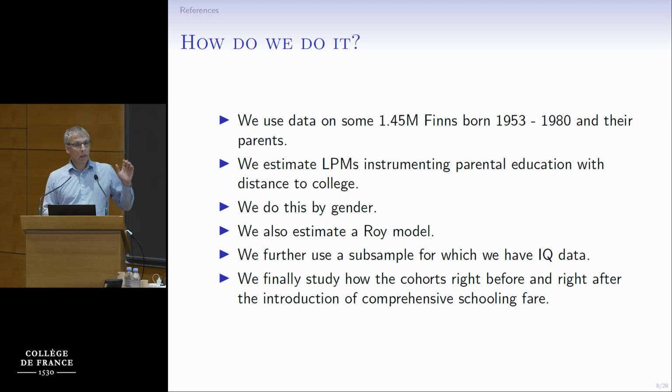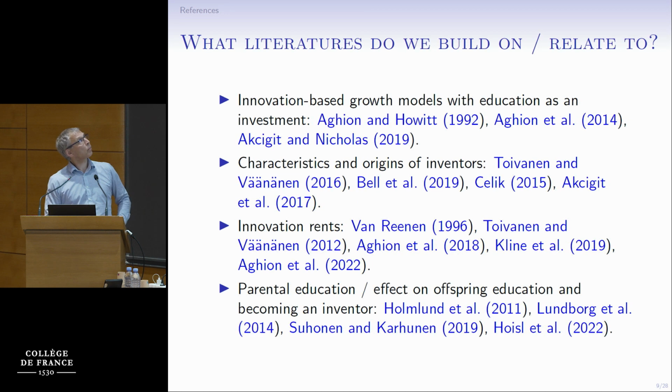Okay? And I hope I'll have time to go to the final exercise, which is we're going to look at how the big change in Finnish primary education, going from a tracking system to a comprehensive schooling system in the early 60s, has affected the relationship between parental education and offspring becoming an inventor. So that's what we're going to be doing.